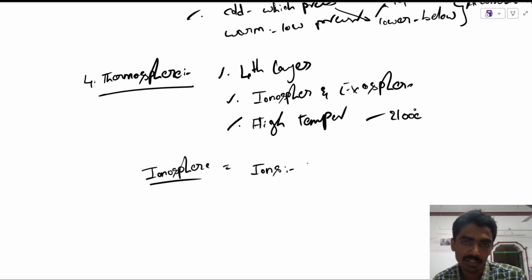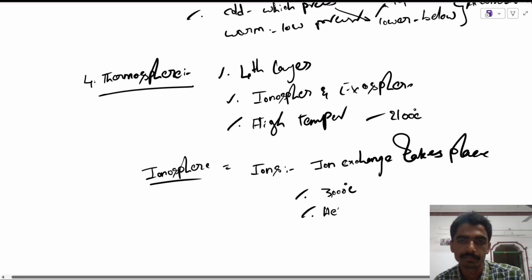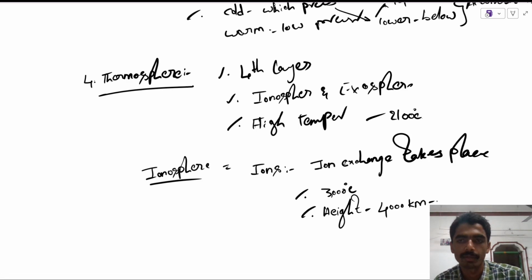In the ionosphere, the ion exchange takes place. So, temperature nearly 3000 degrees Celsius and height up to 4000 kilometers from ground level.